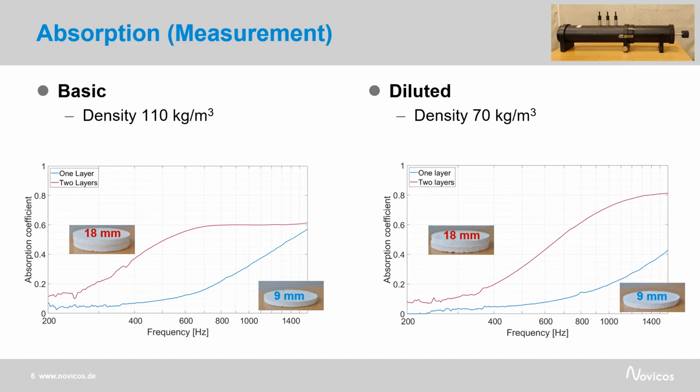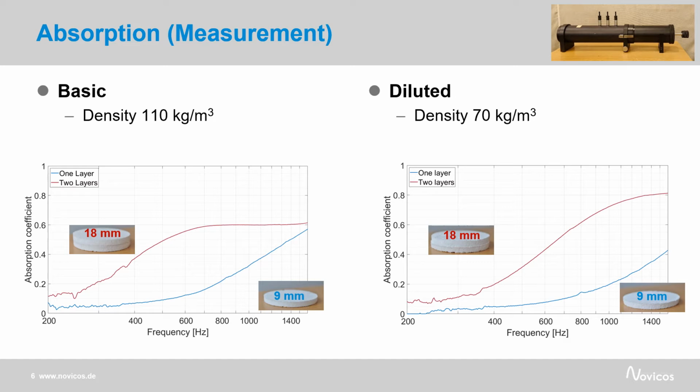In blue, you can see the absorption coefficient of one layer, and in red for two layers. As one would expect, the absorption coefficient of two layers is higher than for one layer due to the higher mass. But for the basic sample, the difference between one and two layers at higher frequencies is quite low.